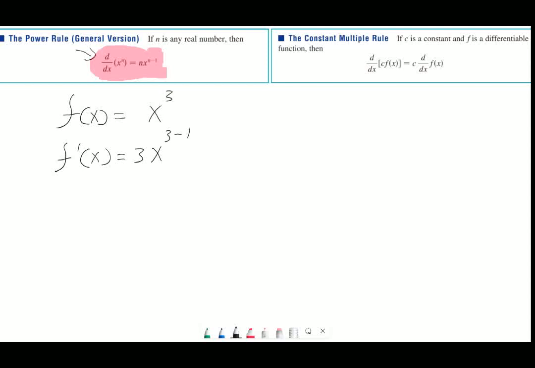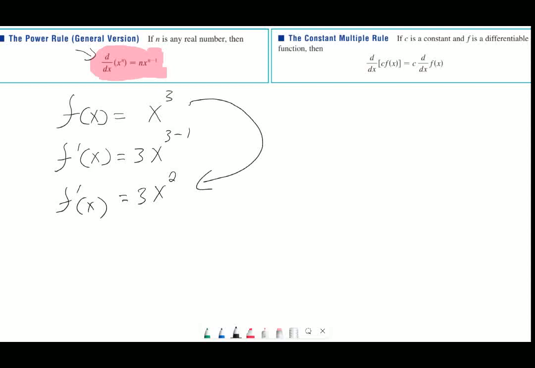And that's the beauty of calculus. Instead of those huge limit definitions to get a derivative, we simply have our little rule here and end up with the derivative of this function being 3x squared. It's pretty fast to go from the formula to its derivative using the power rule.